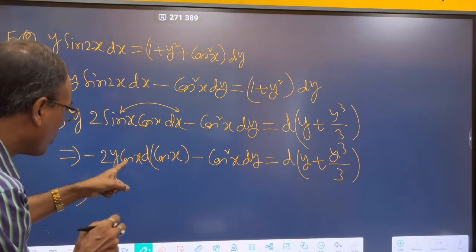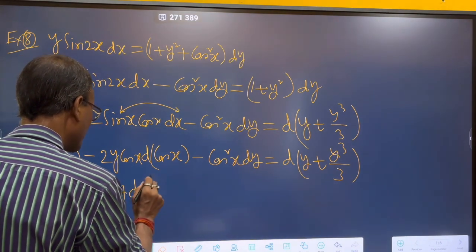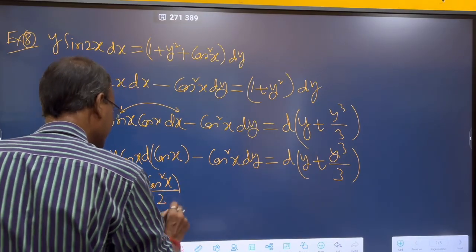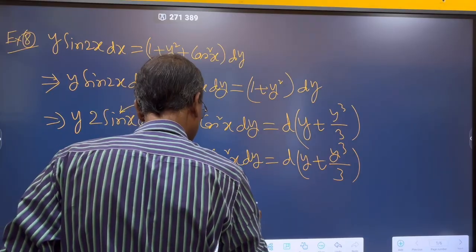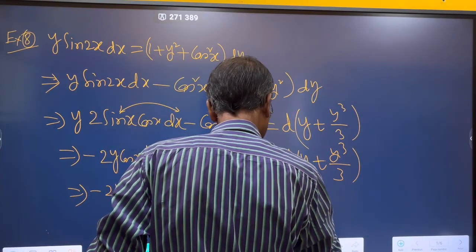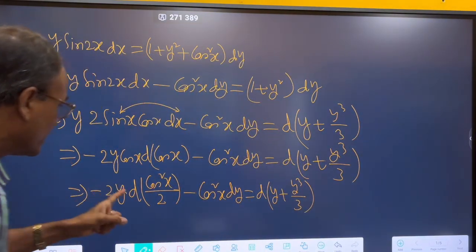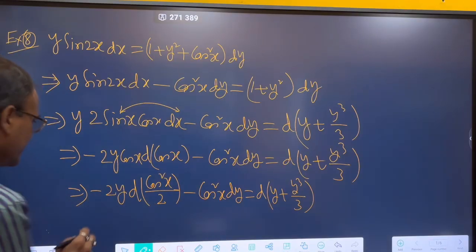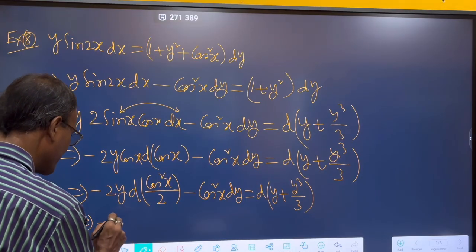This can be written as twice y d of (cos square x divided by 2), minus cos square x dy equal to d of (y plus y cube divided by 3). The two will be cancelled.